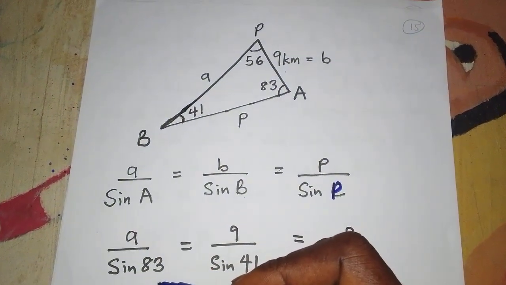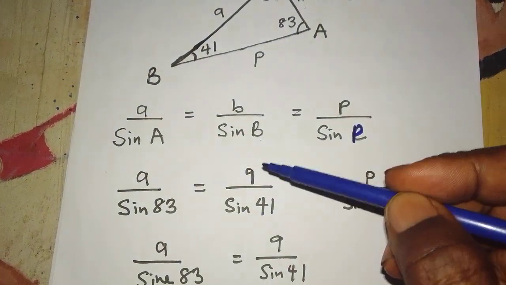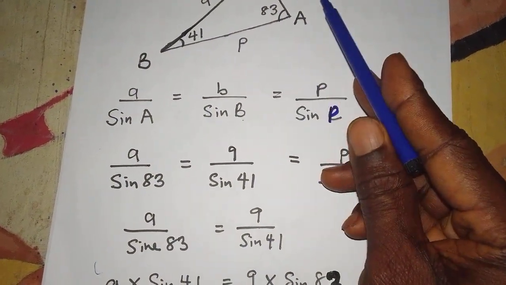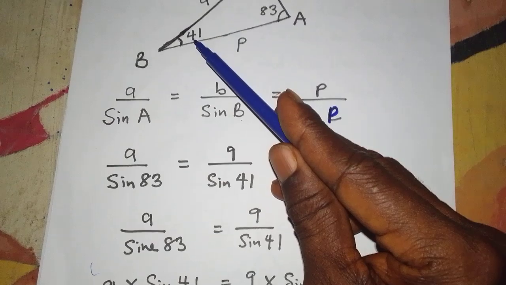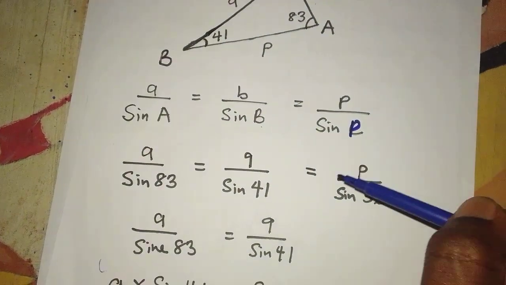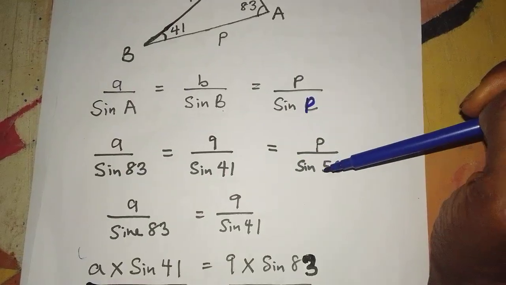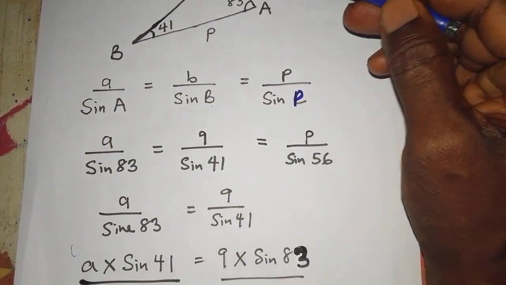So A over sine 83 equals, then our B is 9 over sine of angle B, which is 41, is equal to our P, we don't know the value, over sine 56.